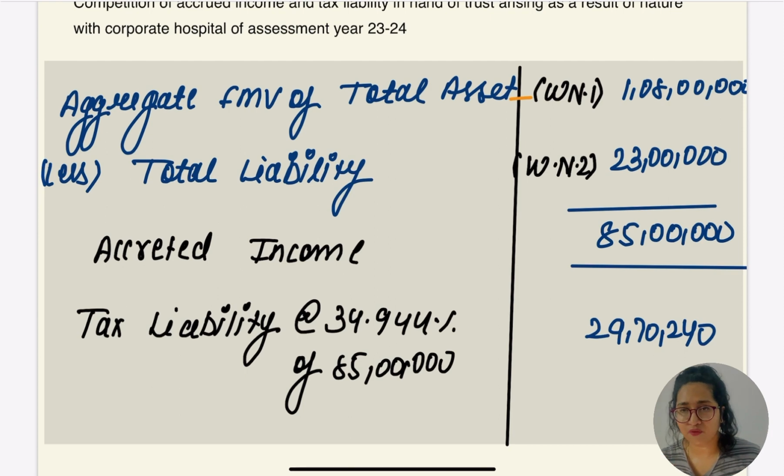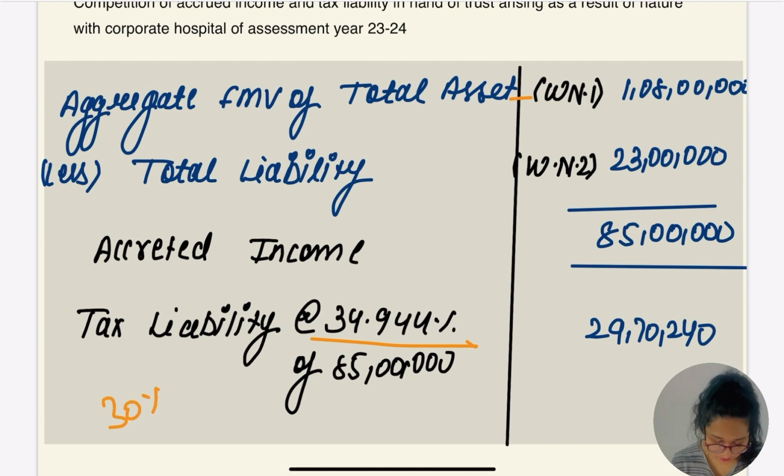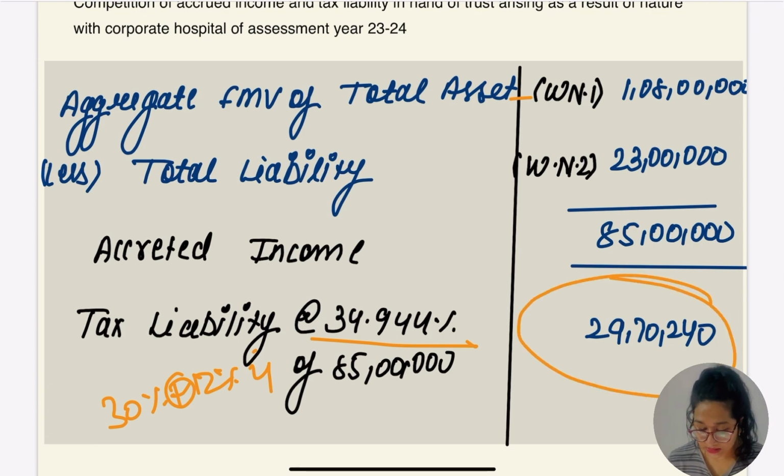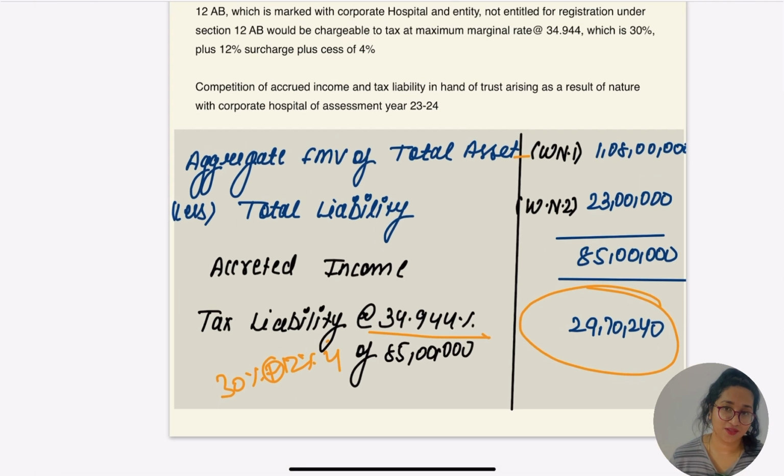In this 85 lakh, what is going to be the tax? 34.944%, which is 30% tax rate, 12% surcharge, and 4% is going to be HEC. So let's go for 34.944%, which would be 29,70,240. Right? So guys, this was the total liability of this trust.